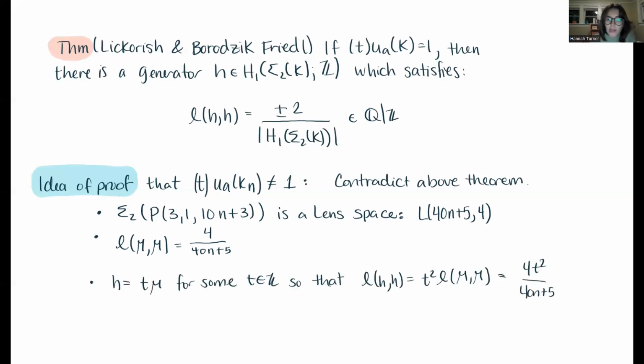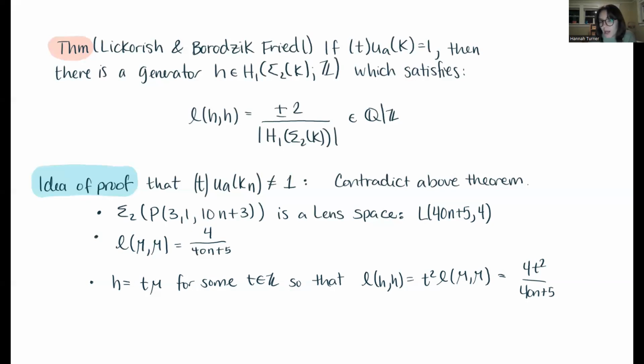So in this obstruction of Licorice and Borodzik-Friedl, they just say there's some generator which pairs in this particular way. So it's not enough for us to know how mu pairs with itself. We need to know something about any generator. And what's nice about being in a cyclic group is that any element is actually t times mu for some integer. So we get some relationship between the pairing of any element with itself from knowing the pairing of mu with itself.